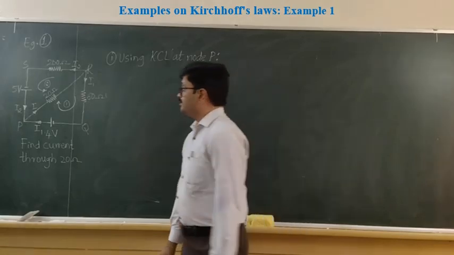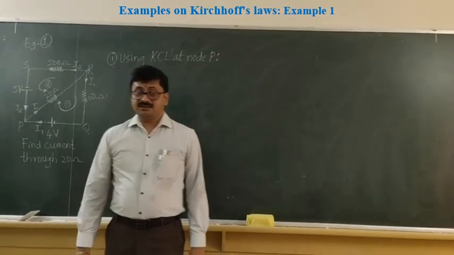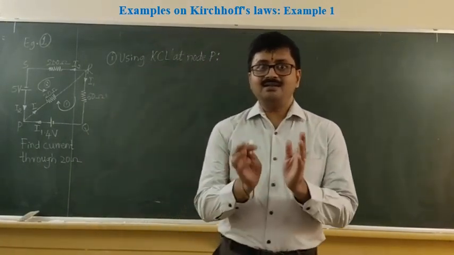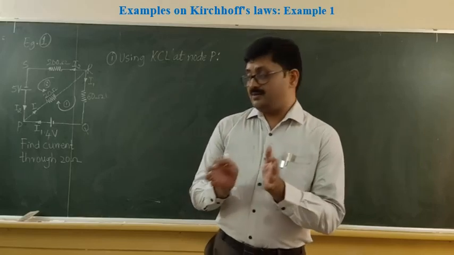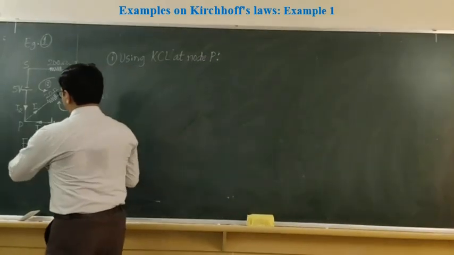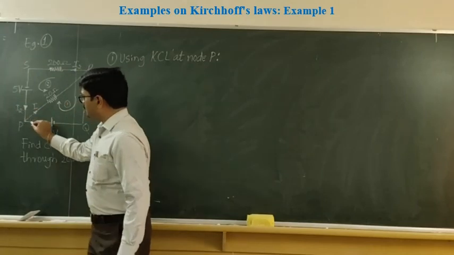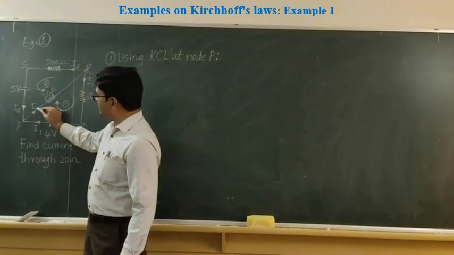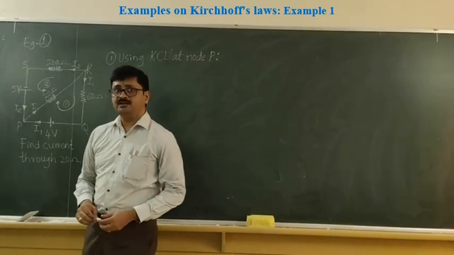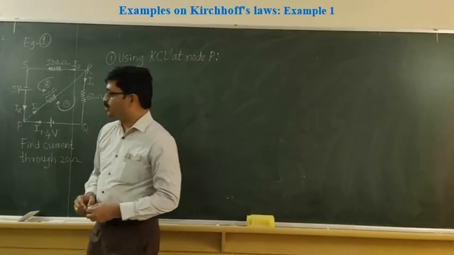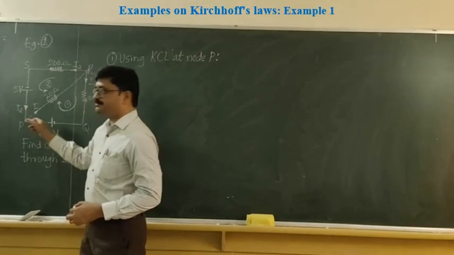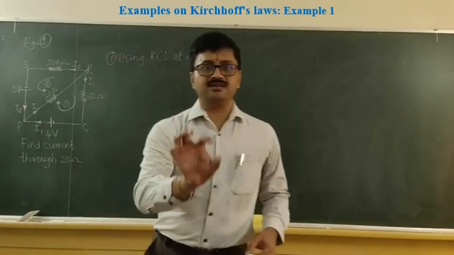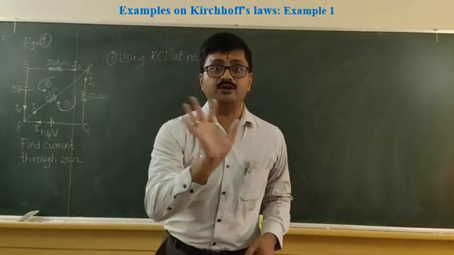Fine. Now we know from KCL that any current that enters, or I will just show like this, current I1 and current I2, these two are entering at node P, and current I is leaving out of node P. So therefore we can say total current entering must be equal to total current leaving. This is KCL, Kirchhoff's current law, right?